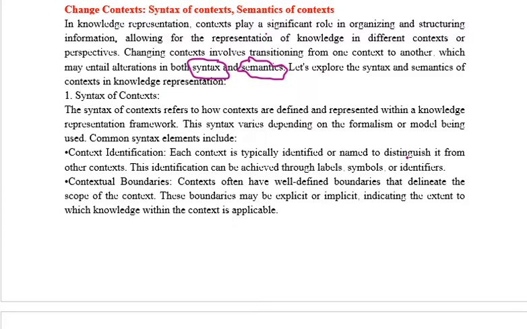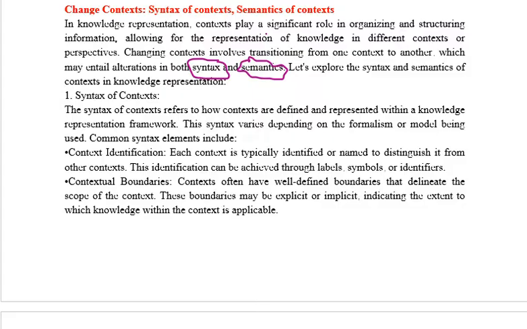Yes or no? So we have to specify that with an identified name so that you can easily find the particular context which you want without wasting any time. So we have to keep some name so that we can identify the particular context easily. This identification can be achieved by using some labels, symbols or identifiers to identify the particular context which we have.